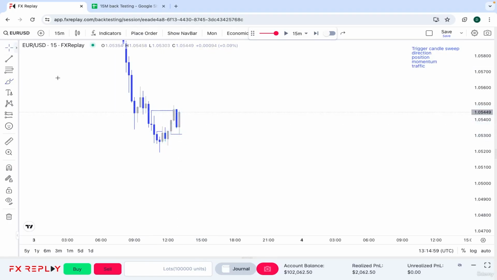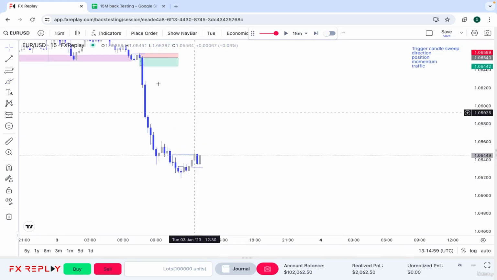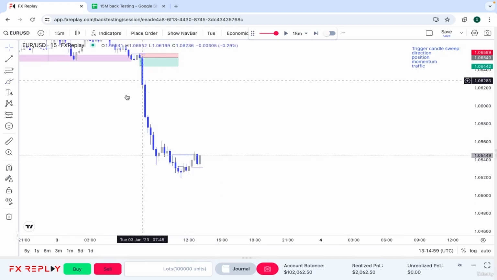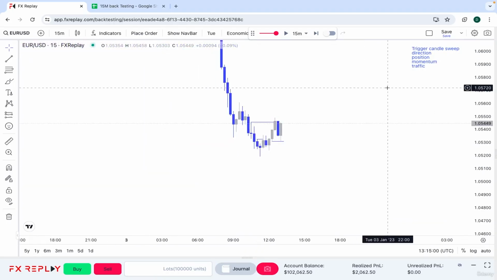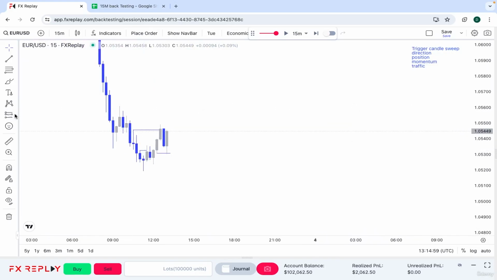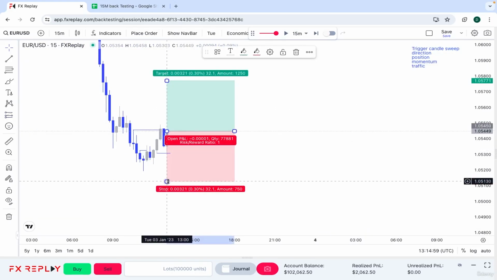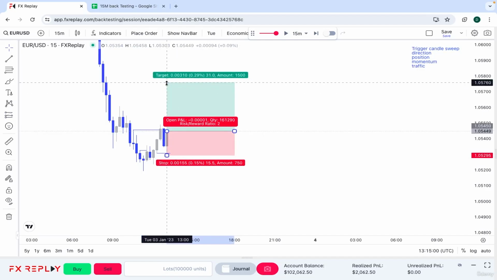What I also like about this trade is we've come down a long way, and there's all this imbalance up here that we'll potentially go and fill at a later date. So there are reasons to take this trade, and we've gone through our criteria and everything checks out. So I'm going to place this trade with a 2R take profit, place order.